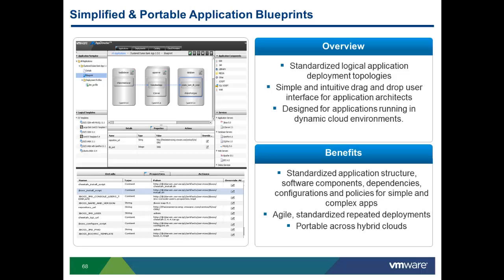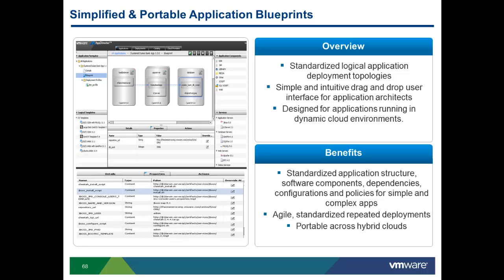Application architects can use the drag-and-drop canvas to create visual application blueprints. These blueprints standardize the structure of the application, including software components, dependencies, and configurations. For repeated deployments, with a pre-populated extensible catalog of standard virtual machine templates, application infrastructure components, and scripts, architects can create a blueprint in a matter of minutes. Application blueprints are portable across deployment environments.